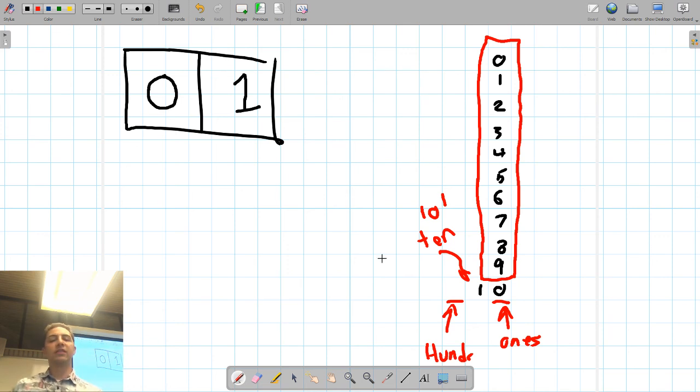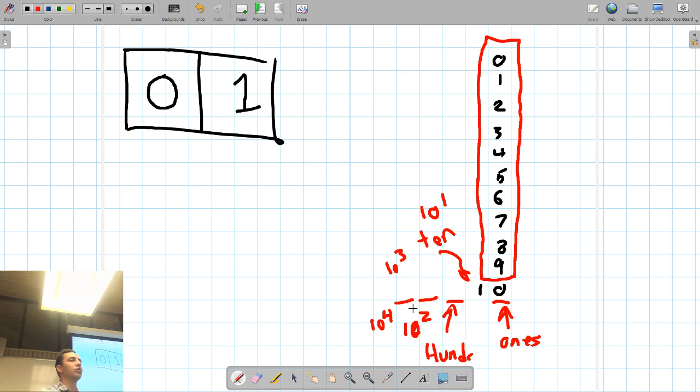If you were writing everything as a power of 10, 10 to the 2 is the hundreds place. 10 to the 3 is the thousands place. 10 to the 4.